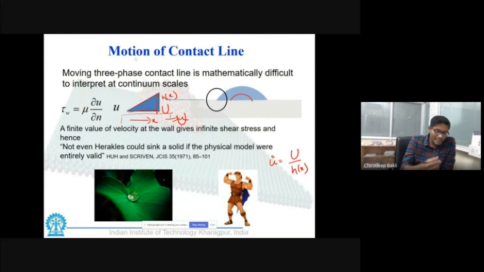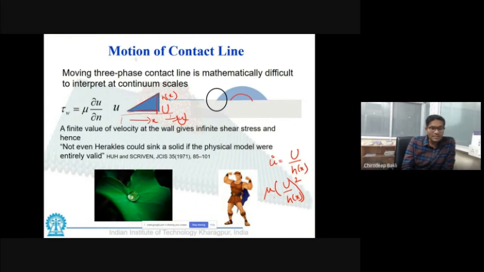Similarly, the energy of the surface would be given by viscosity times the square of this, because force multiplied by U would give you the energy of the surface.